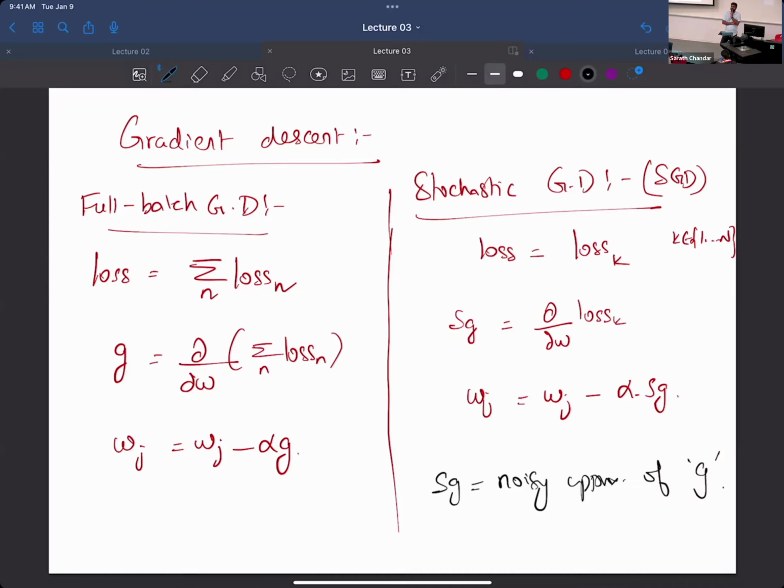Okay, so if you're in a convex setting, both these algorithms will converge, and they will converge to the global minimum. But when you are in a non-convex setting, this is when stochastic gradient descent is more useful, because gradient descent will always converge to the closest minimum, which could be a local minimum.